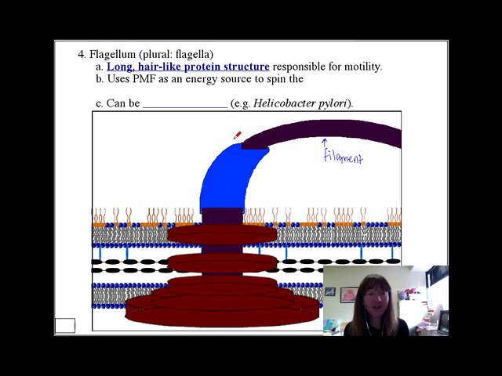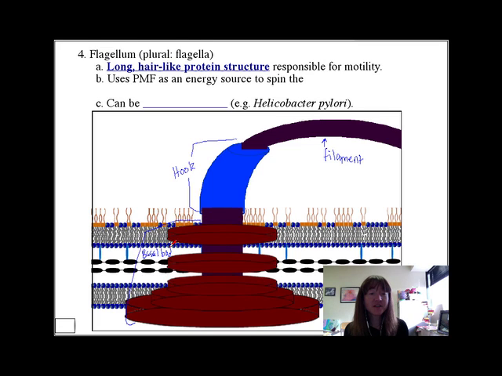The next section of the flagellum is this one here, called the hook. And you can see why. The hook is the structure that allows for either rotation clockwise or rotation counterclockwise. Down at the very bottom and secured into the cell wall, this whole region is called the basal body.